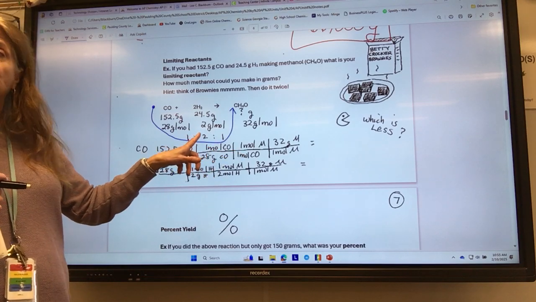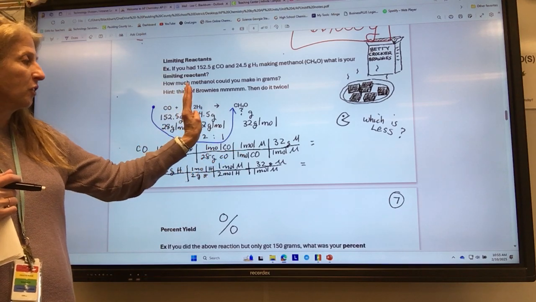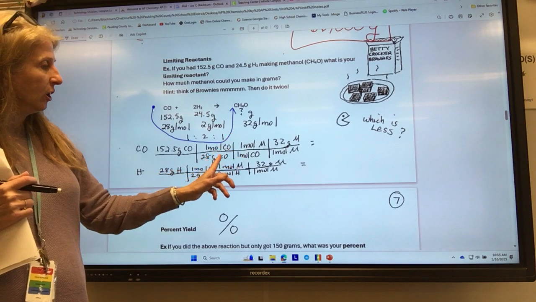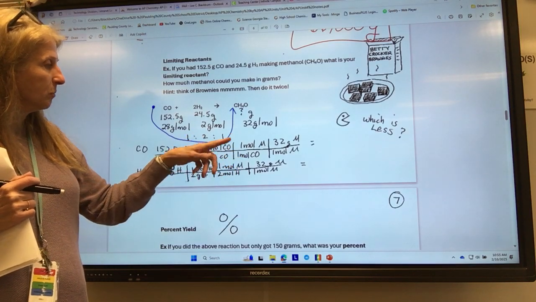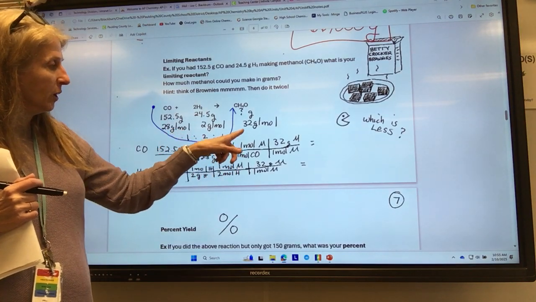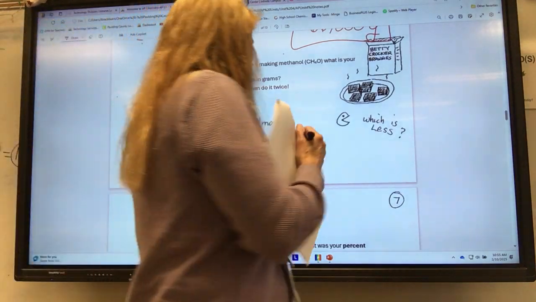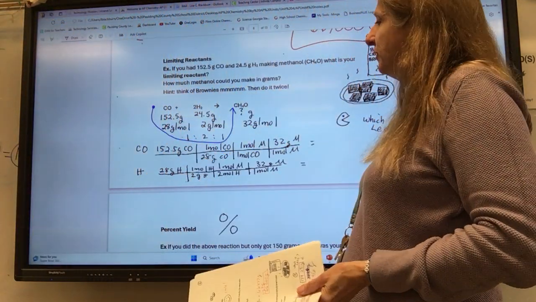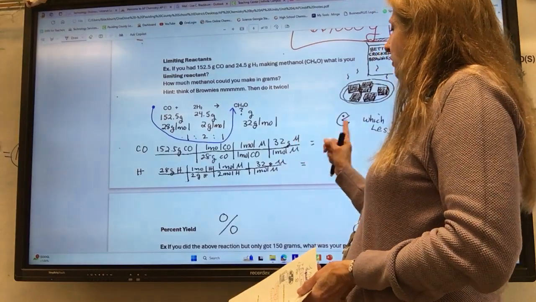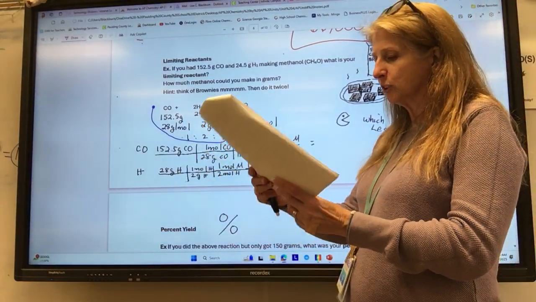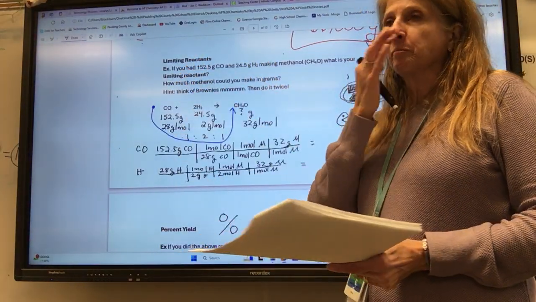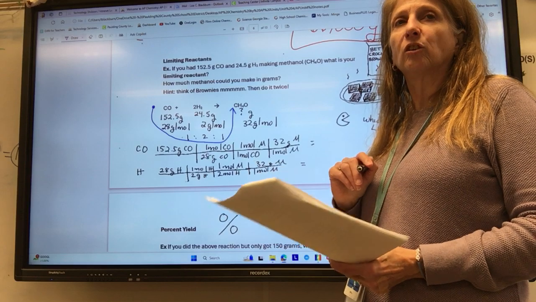I pretend like that 2's not there because it's part of the middle part. Then 1 mole and 1 mole, going around 1 mole 32. Somebody do it on the calculator and see what it is. 152.5 times 32, enter, divide by 28. What'd you get? Somebody tell me what it is. Yes, sir?